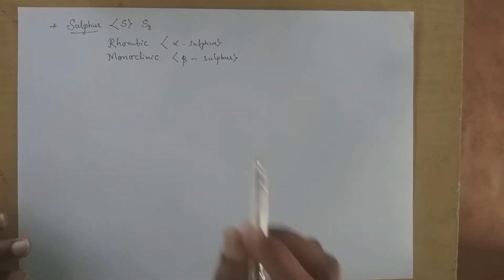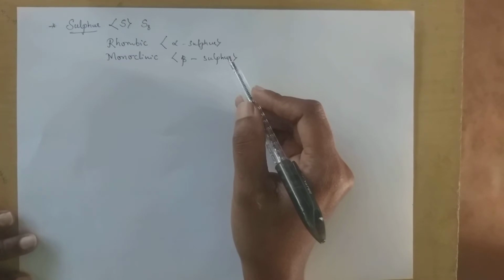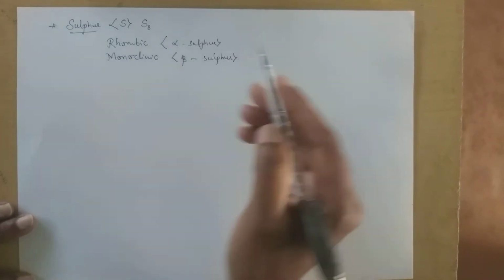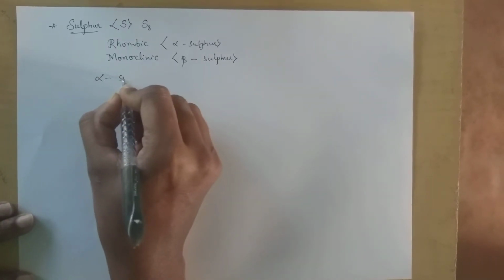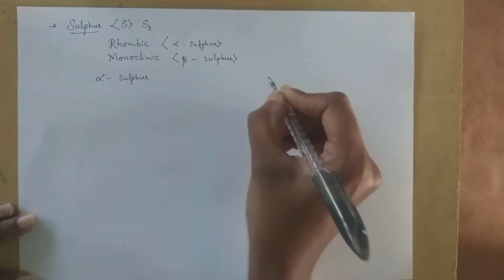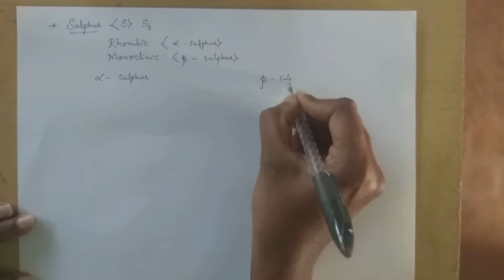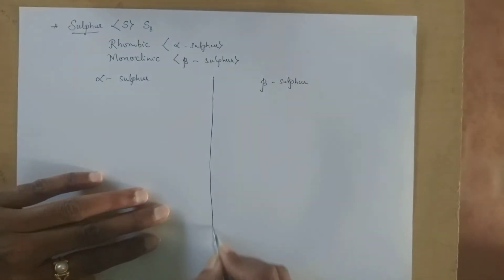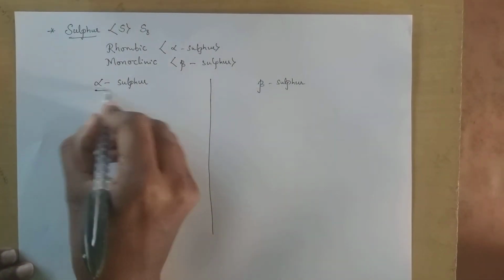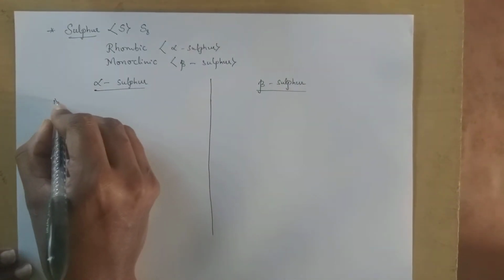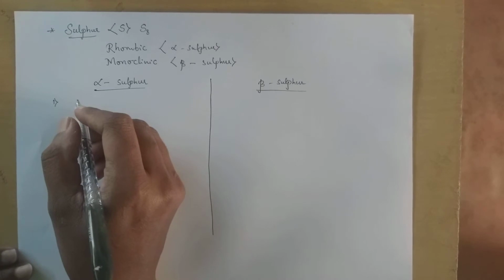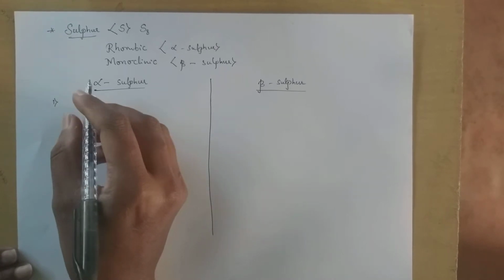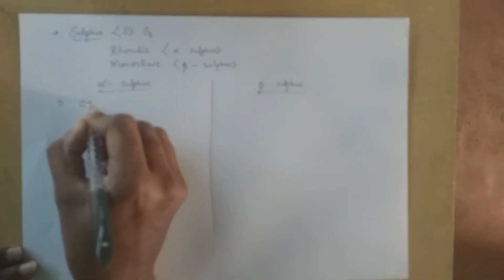Usually rhombic sulphur, alpha sulphur, is prepared by slowly evaporating a solution of sulphur in carbon disulfide.